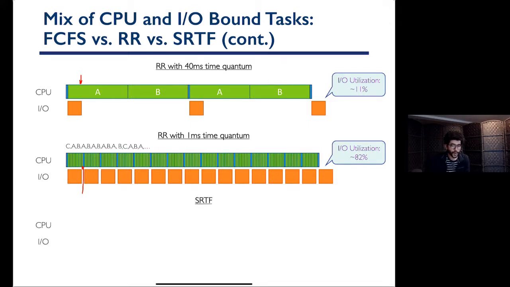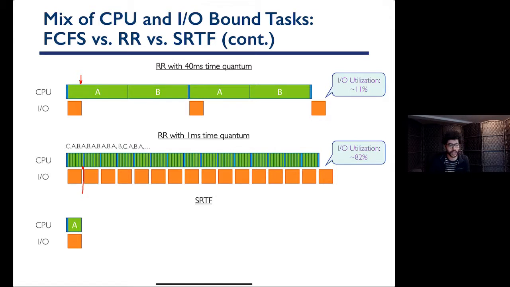Now, how does SRTF do for this particular example? C is going to run, then go for I/O. While it's going for I/O, we're going to choose between A and B. Because both of them have the same length, it doesn't really matter which one we choose.